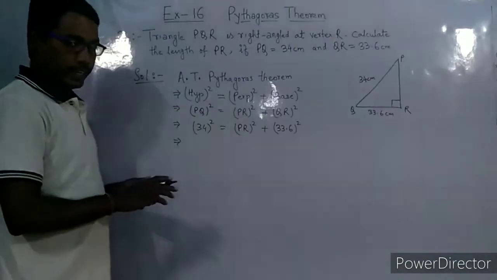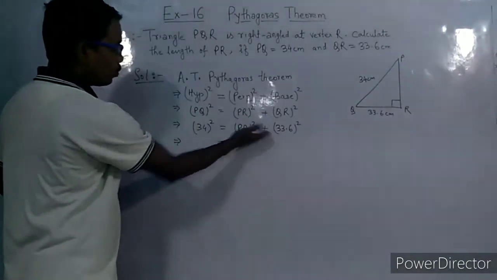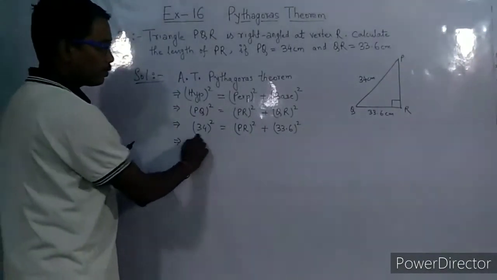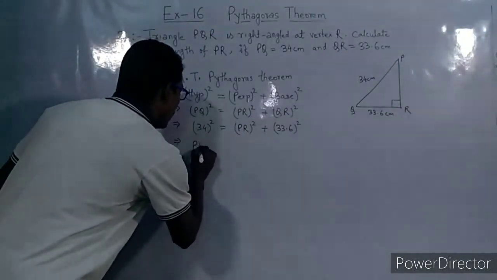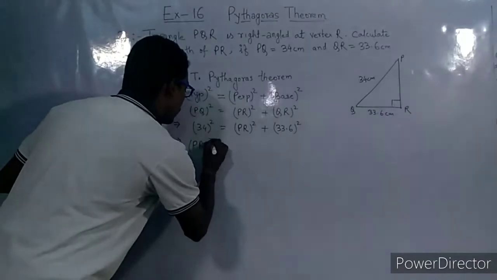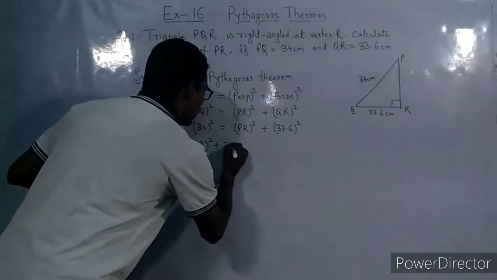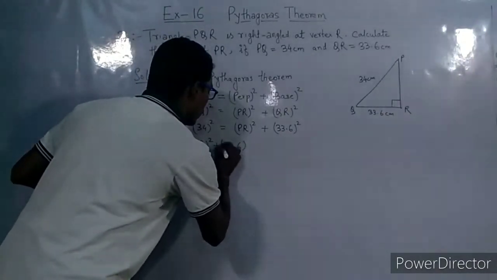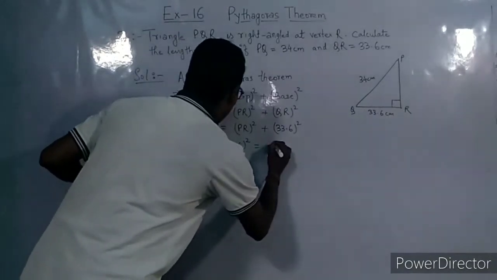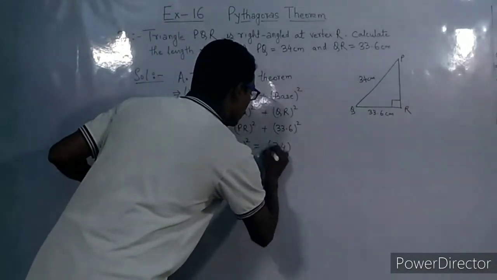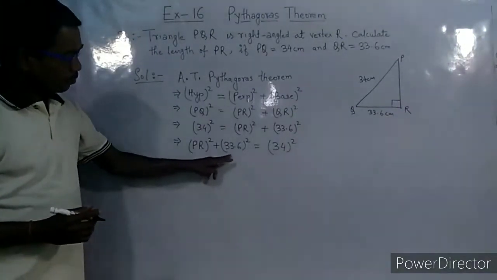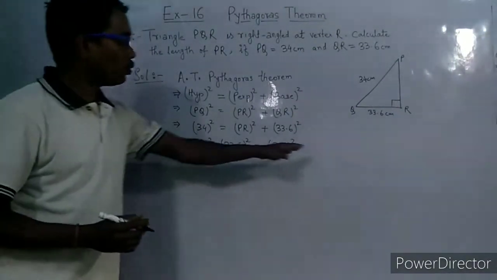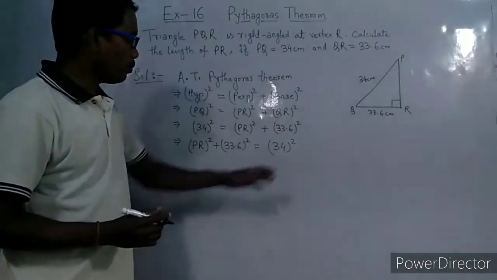Now we will change sides. Bring this side to the left side and 34 square to the right side. So PR square plus 33.6 square is equal to 34 square. Now we bring 33.6 square to the right side and it will become minus.